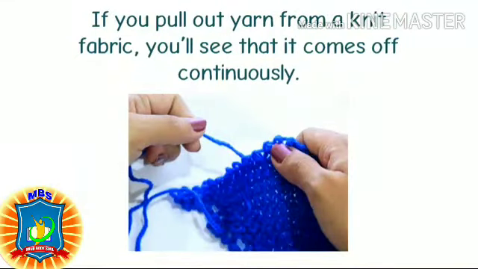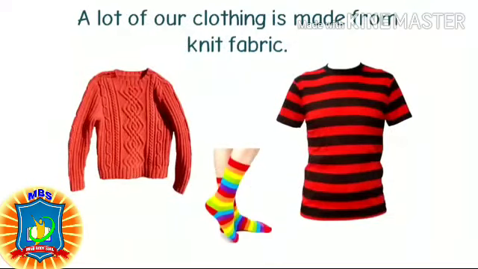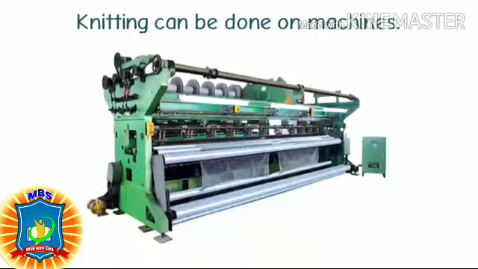If you pull out yarn from a knit fabric, you will see that it comes off continuously. That is the difference in woven fabric and knit fabrics. A lot of our clothing is made from knit fabrics. Knitting can be done by hand. Knitting can be done on machines.